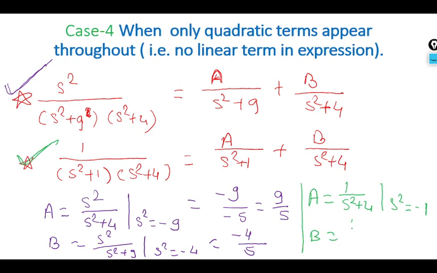For b, it is 1 upon s square plus 1, where you put s square as minus 4, and you get a and b of the second example. So that is about the partial fraction method. I hope you understood all the formulas and methods of partial fraction, and you will perform the best in the Laplace transform.